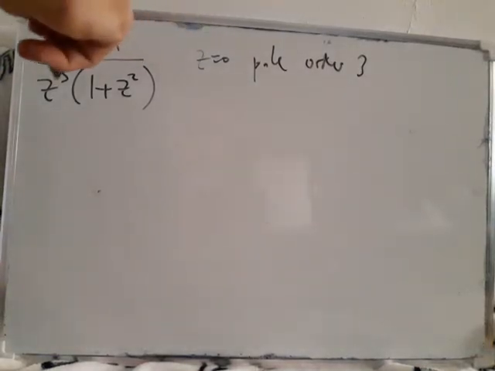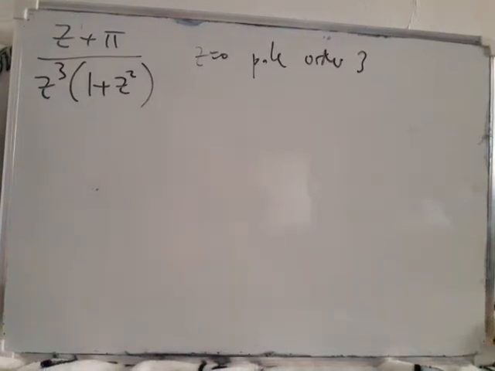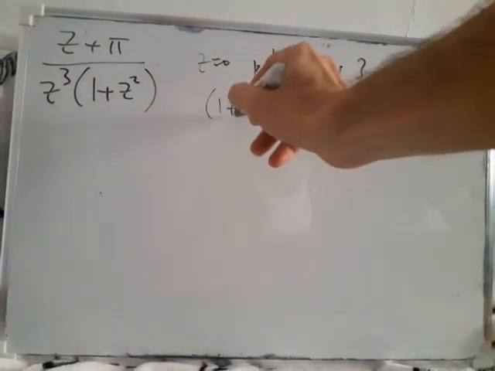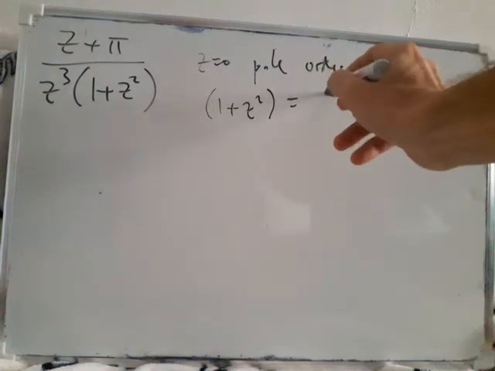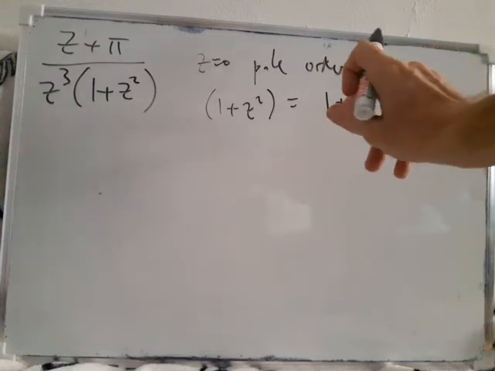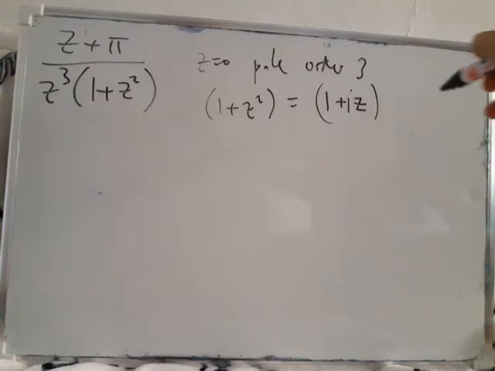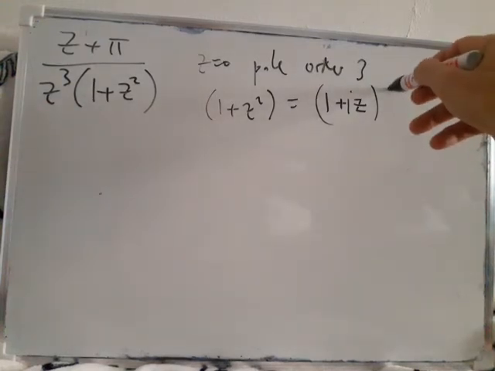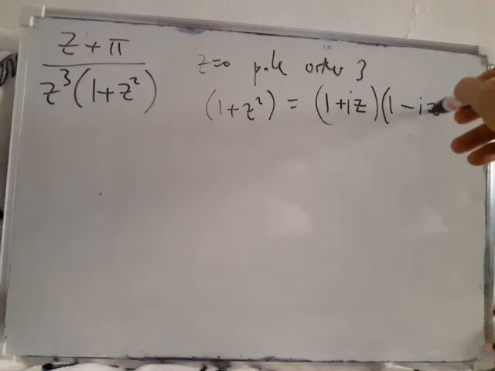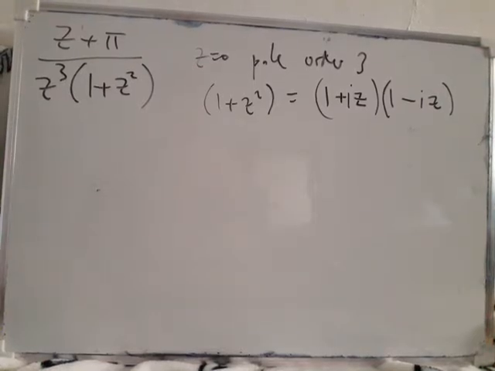And then the denominator has this 1 plus z squared. So we can factor that. Well, okay, that's maybe a long way of doing things.